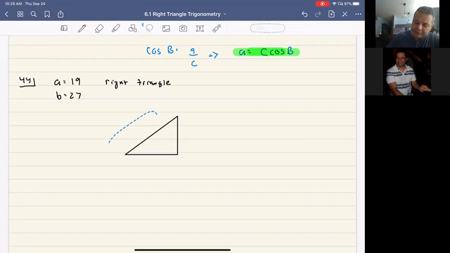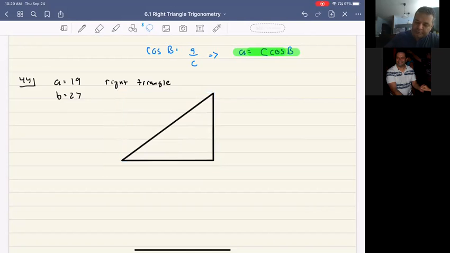A and B are the sides that are not the hypotenuse. We don't know the hypotenuse yet, but it's not a hard thing to find. So this is A here, this is B here, this is C.